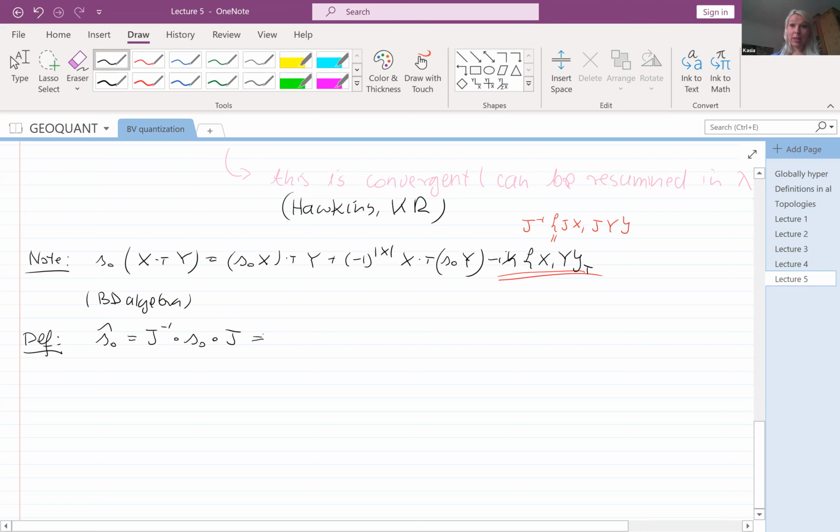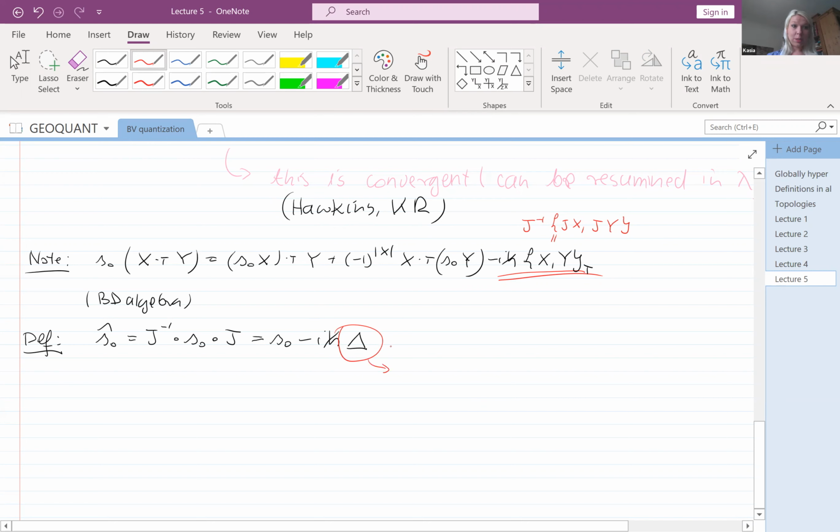After some calculation, we find that in order 0 it gives us S0 again, and it has a correction of order h bar. You can think of it as a quantum correction times some operator that turns out to be the graded Laplacian on our odd cotangent bundle.